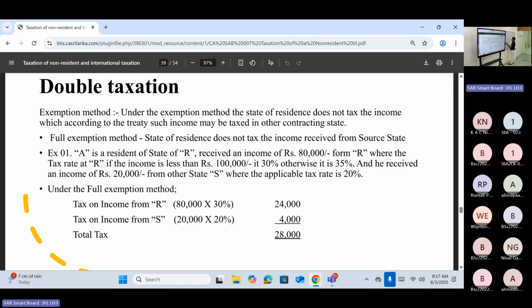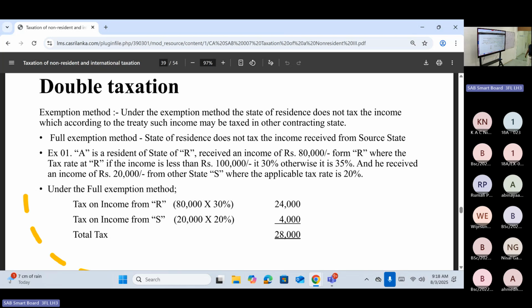Altogether, to country R he received 100,000. Because it is not less than 100,000, the tax rate is 35%. He has to pay 35,000 here. In country S, 20% of 20,000 is 4,000. Altogether 39,000 if there is no double tax avoidance agreement.